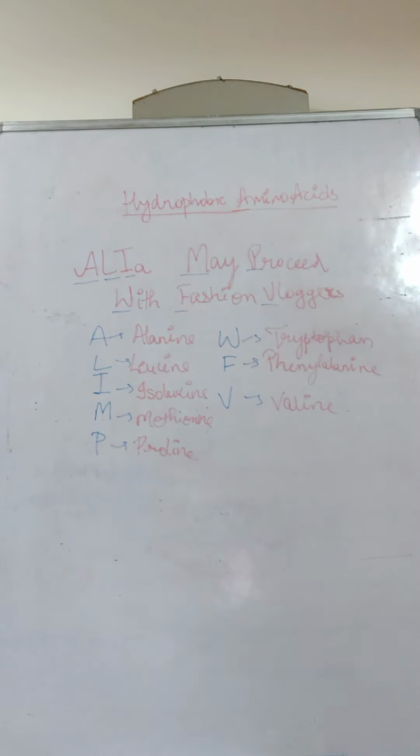Alia may proceed with fashion bloggers: alanine, leucine, isoleucine, methionine, proline, tryptophan, phenylalanine and valine.